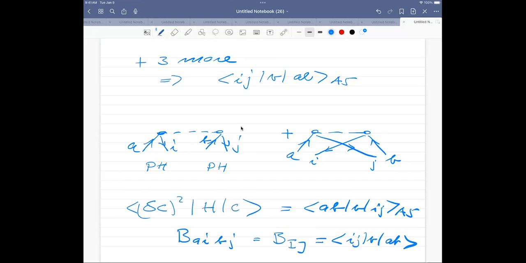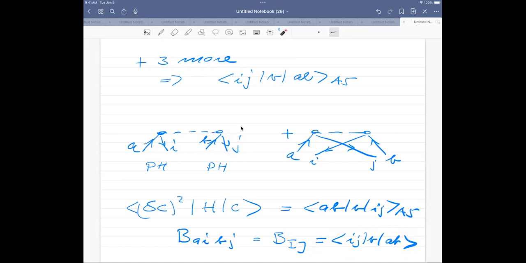So when you look at the diagrams, it's easier to see that we have a particle-hole state here, which now corresponds to A and I. And we have a particle-hole state on the right vertex, which now corresponds to this subscript J. But when you read it in terms of a matrix element or an integral, you actually have this specific order of the indices.